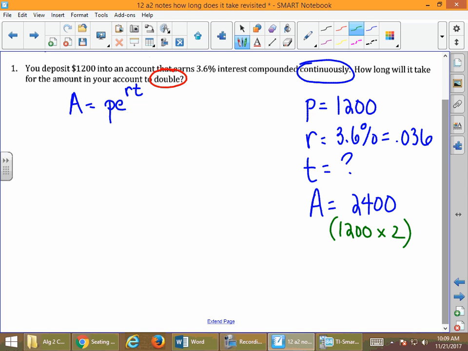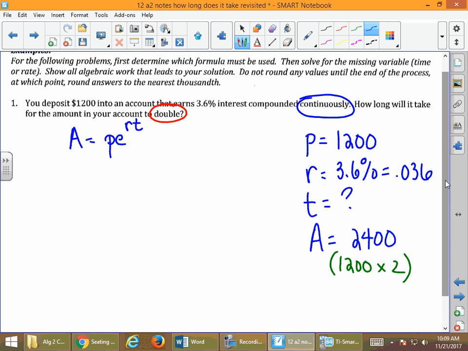So it's not specifically stated, but we can figure it out. And now that we figured it out, we're going to put those values back into our formula. 2400 equals 1200 E to our rate, which is 0.036 T.